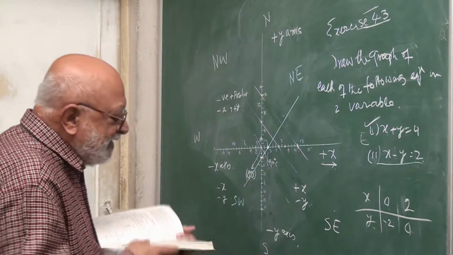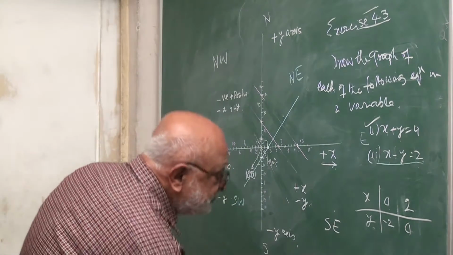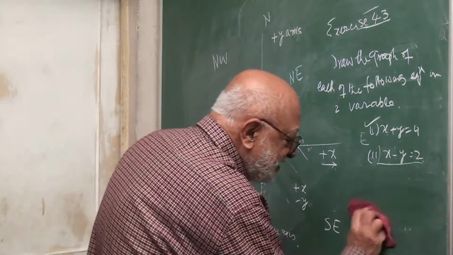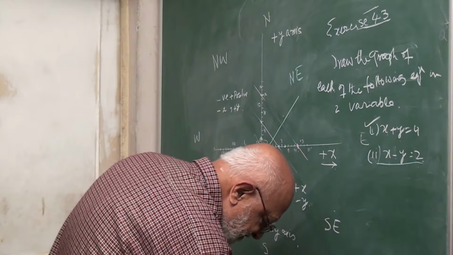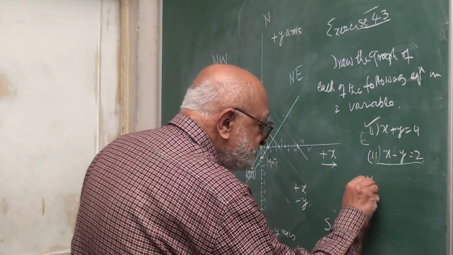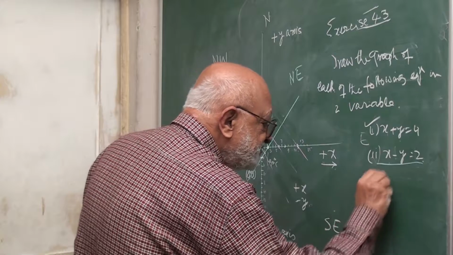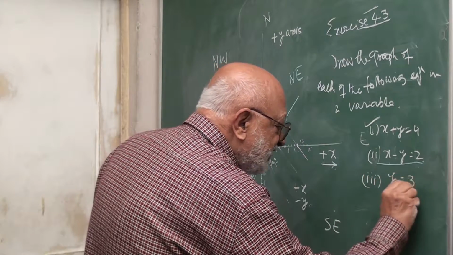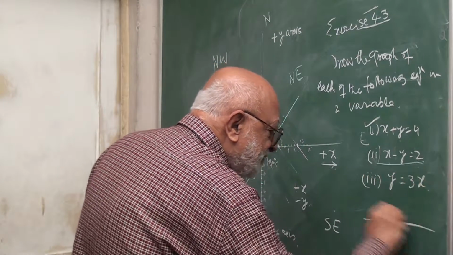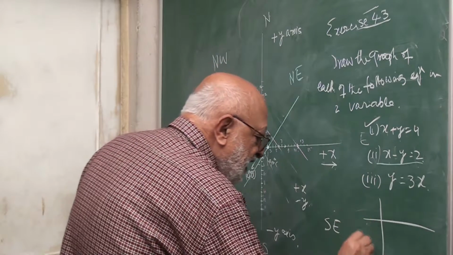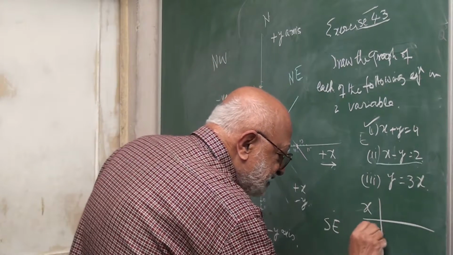Okay, next one is y equal to 3x. Again the same process. Let us see x and y.